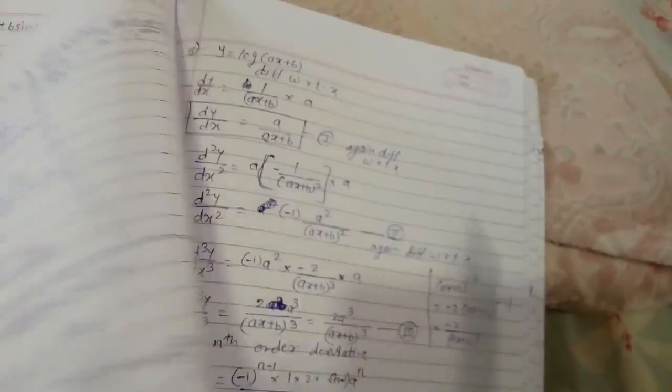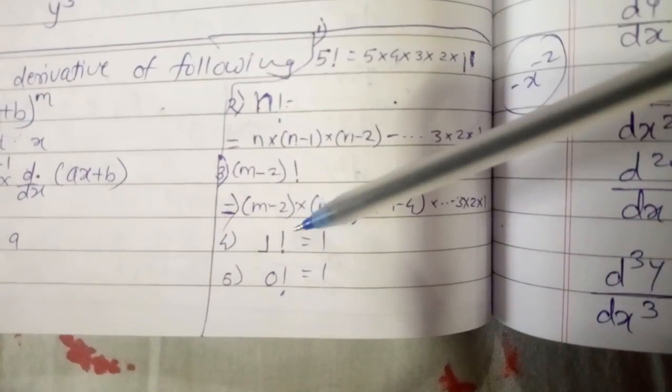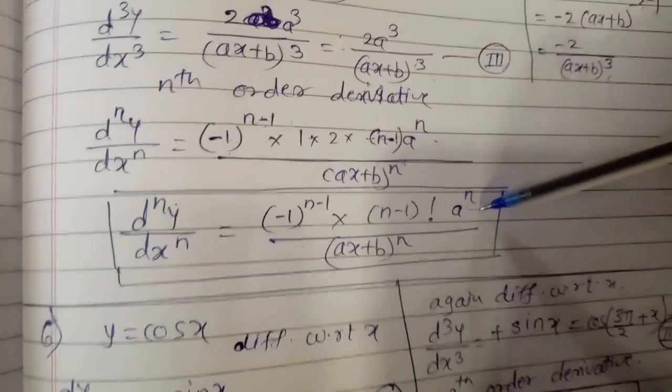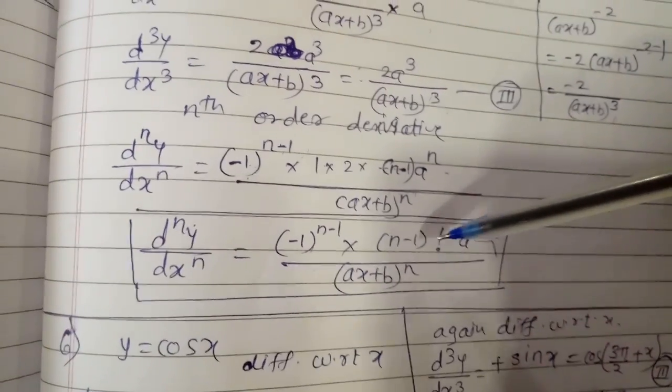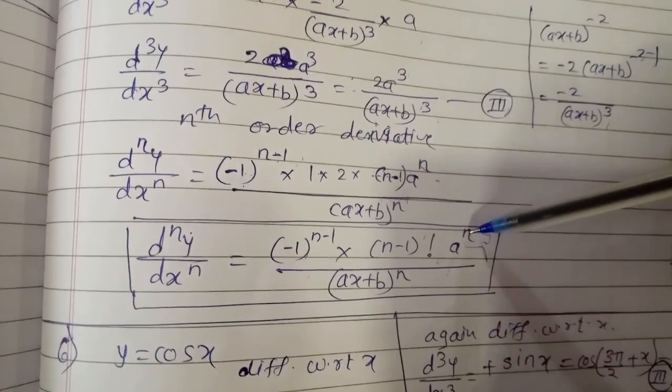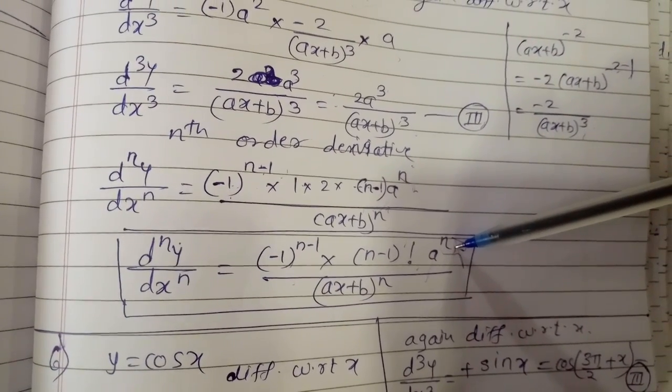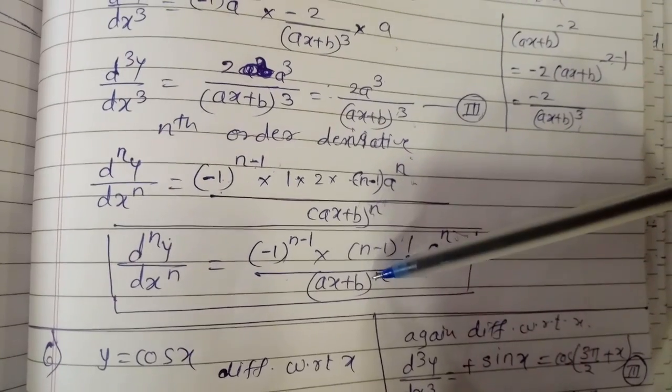We saw this earlier in factorial. So see here now, as we wrote for n-2, we did the same for n-1 here. So it is (n-1) factorial into a raised to n as it is, and the denominator is as it is.